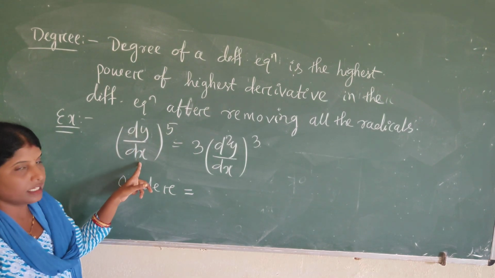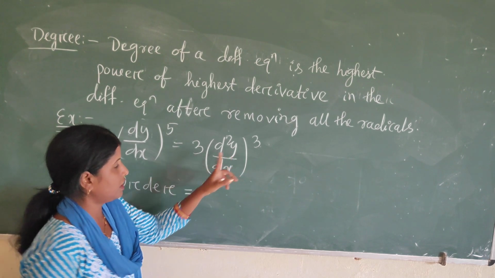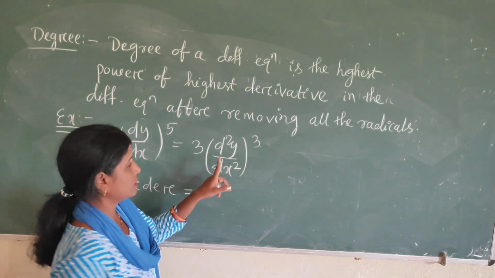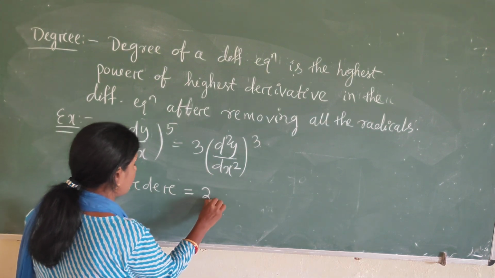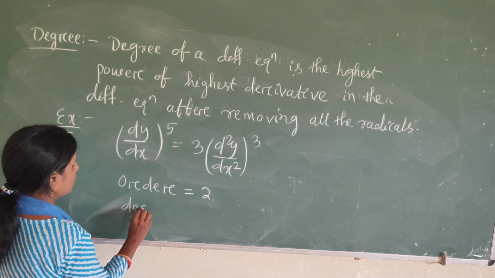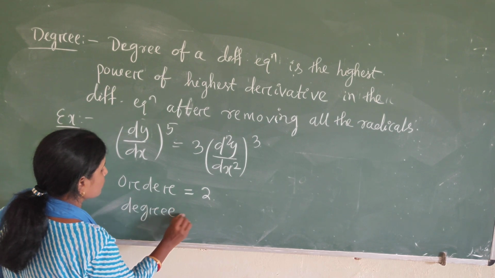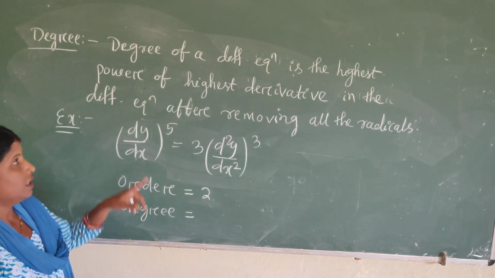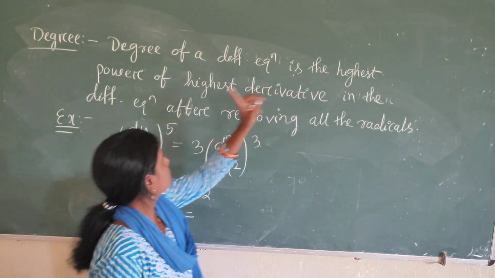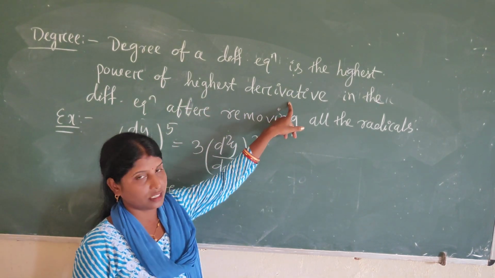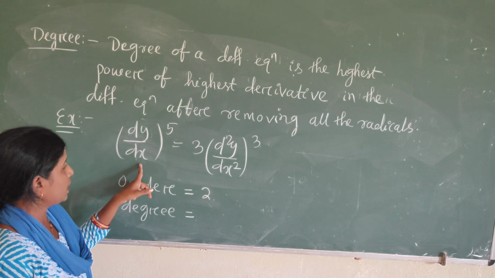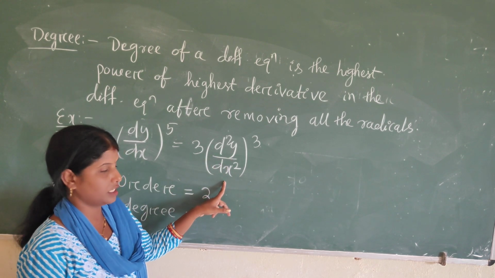Dy by dx is the first derivative, d square y by dx square is the second derivative, so the highest derivative is second, and the order is 2. Now degree: the highest power of the highest derivative between dy by dx and d square y by dx square.